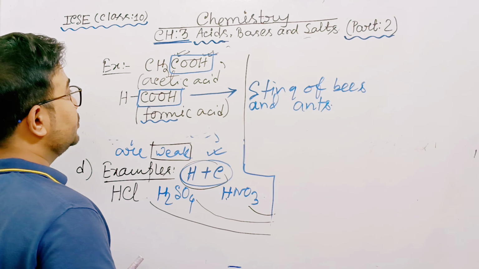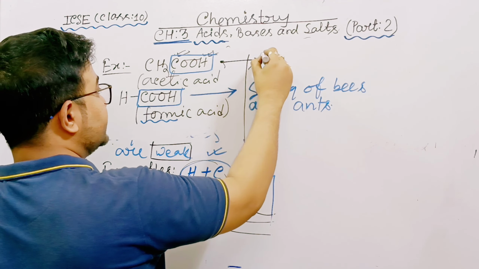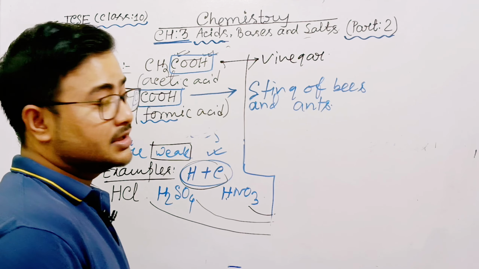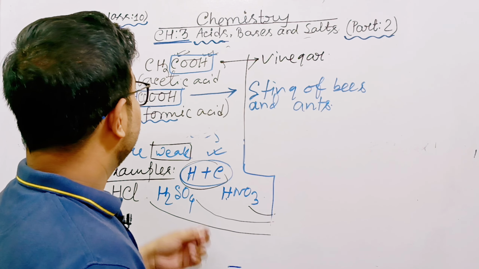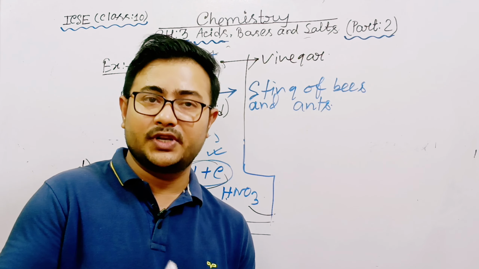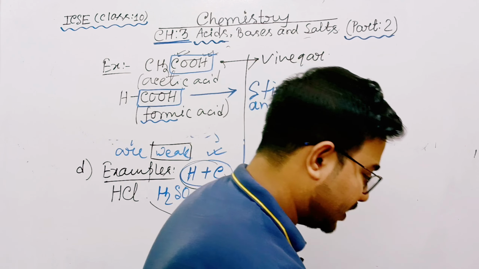Okay, so done. Now acetic acid available in vinegar. Vinegar we generally use to cook something. So in cooking process we use the vinegar. Vinegar contain acetic acid.